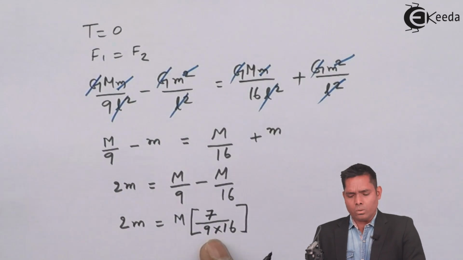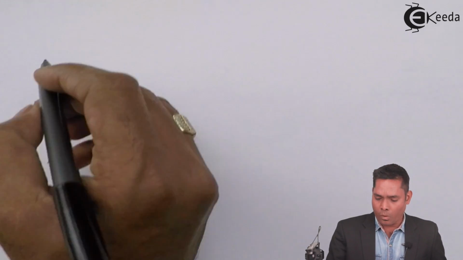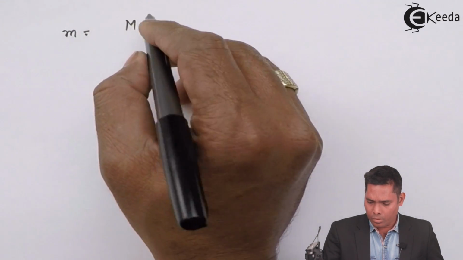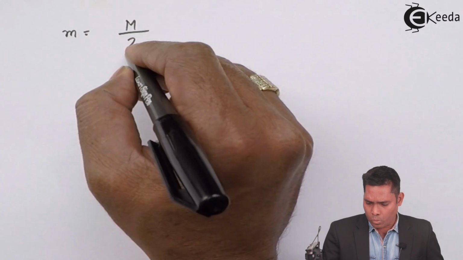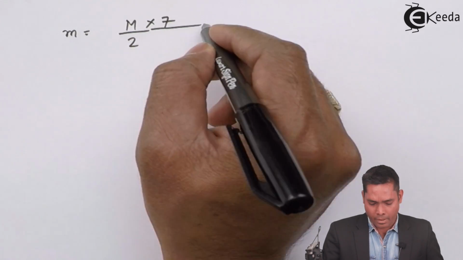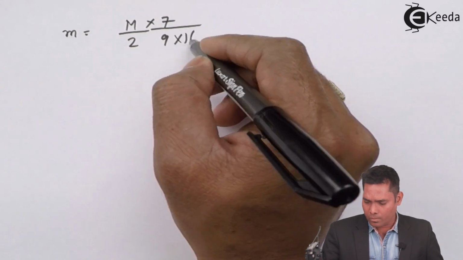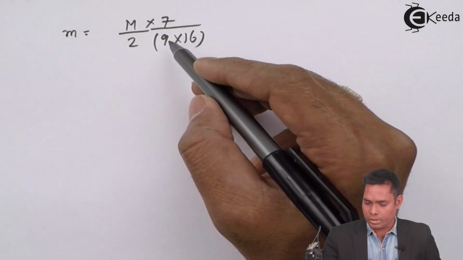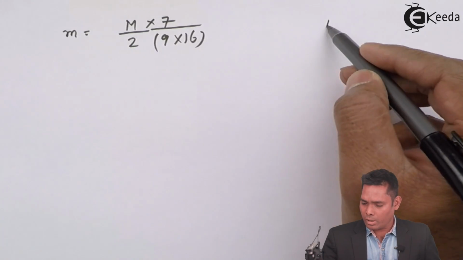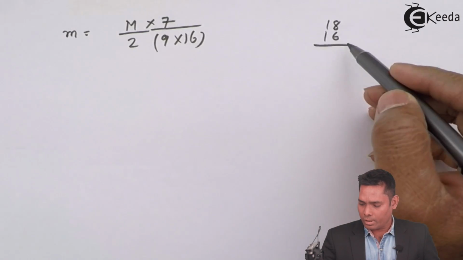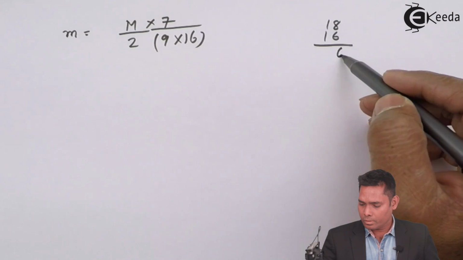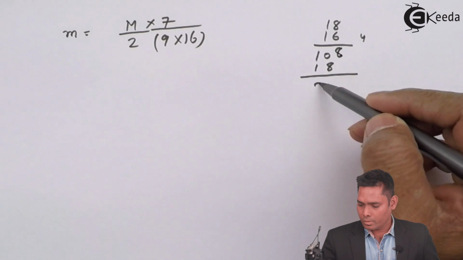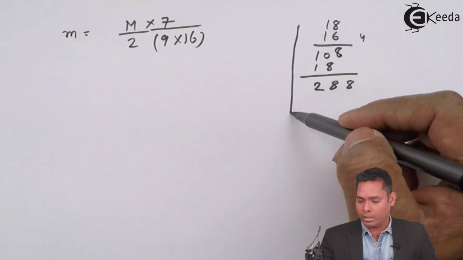So this is this value. I will have the small m as M divided by 2 into 7 divided by 9 into 16. This is 18 into 16, which is 288.